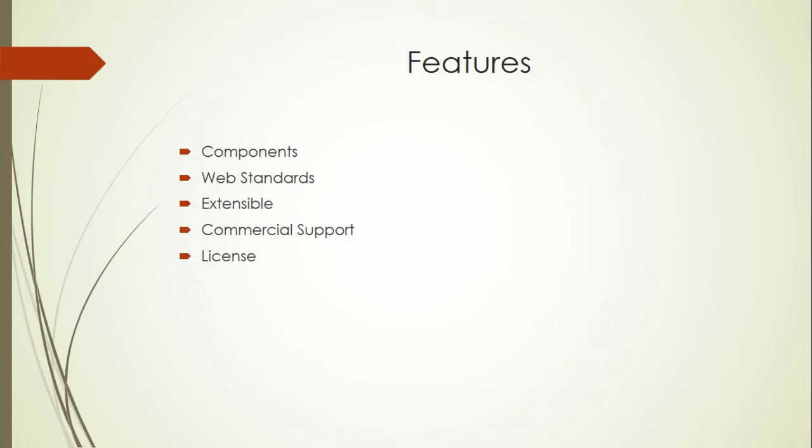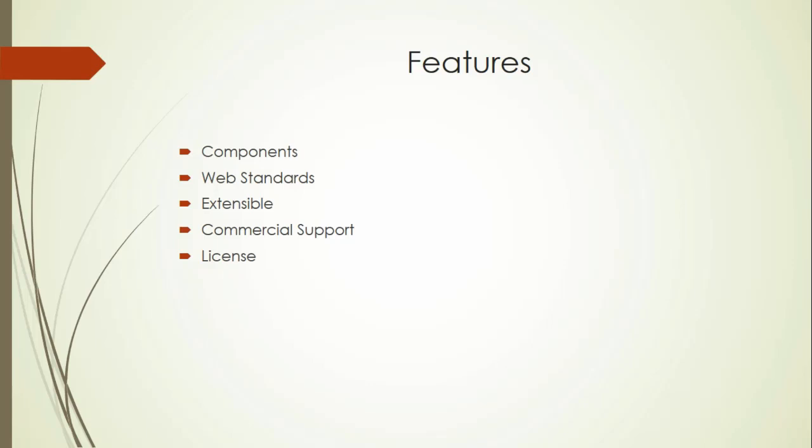Then comes web standards. It is one of the cleanest modern frameworks, completely focused on one thing, which is to remove unnecessary abstractions. Then comes extensible. Extensible means the framework offers an easy way to integrate with other needed tools. Commercial support means that Aurelia offers commercial and enterprise support.